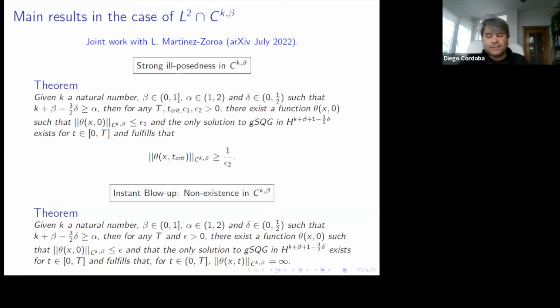There exists an initial data, which initially is smaller than epsilon, and for t bigger than 0, up to capital T, the Hölder norm of these solutions is infinity, it diverges. And now these solutions are not C infinity. These solutions exist in a certain Sobolev space, and the space depends on kappa, beta, and delta. Okay.